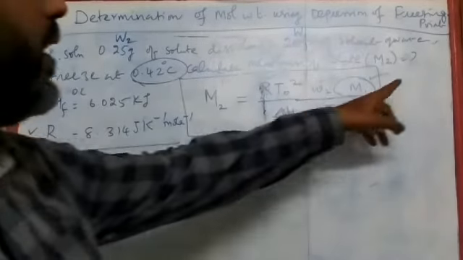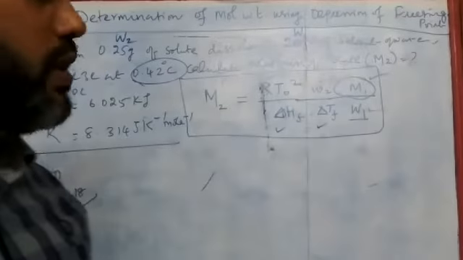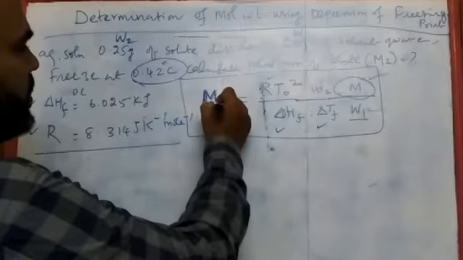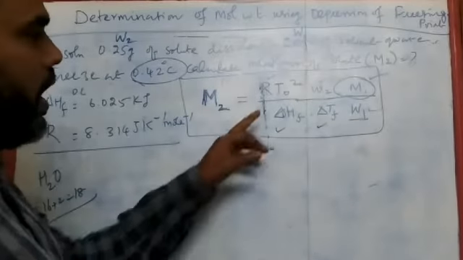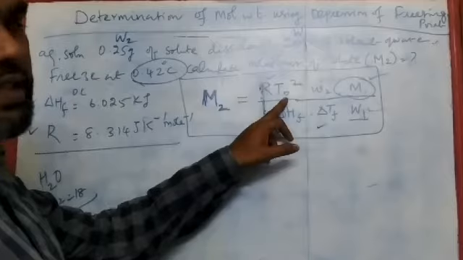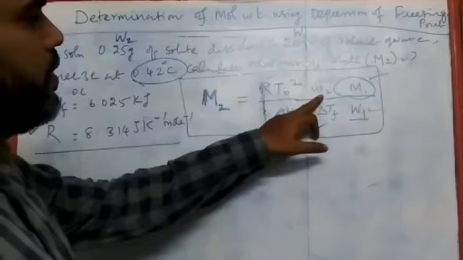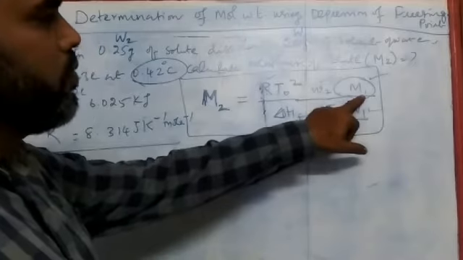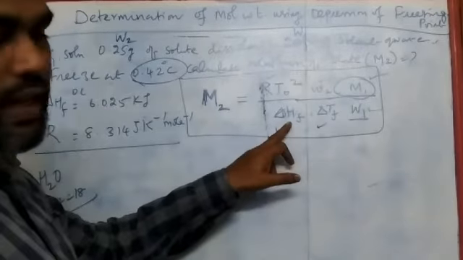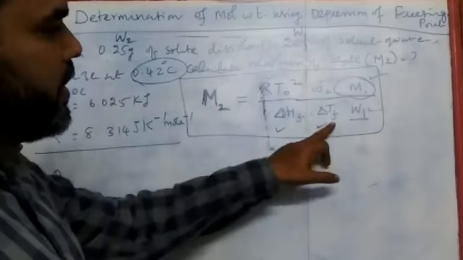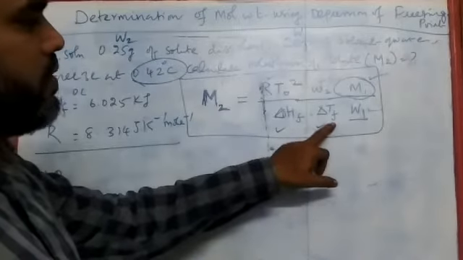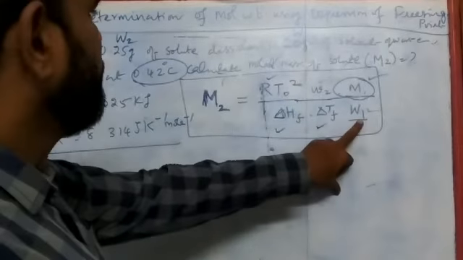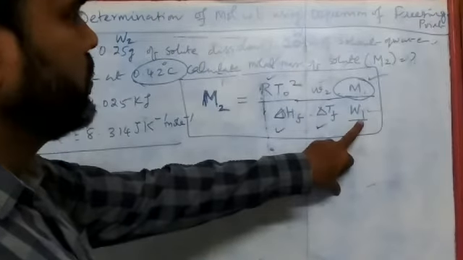So we need to find M2 in this equation. We already know this equation. M2 is the molecular weight of the solute, R is the gas constant, T0 is the freezing temperature, W2 is the weight of the solute, M1 is the molar mass of the solvent, delta HF is the latent heat of fusion, delta TF is the depression in freezing temperature, and W1 is the weight of the solvent.